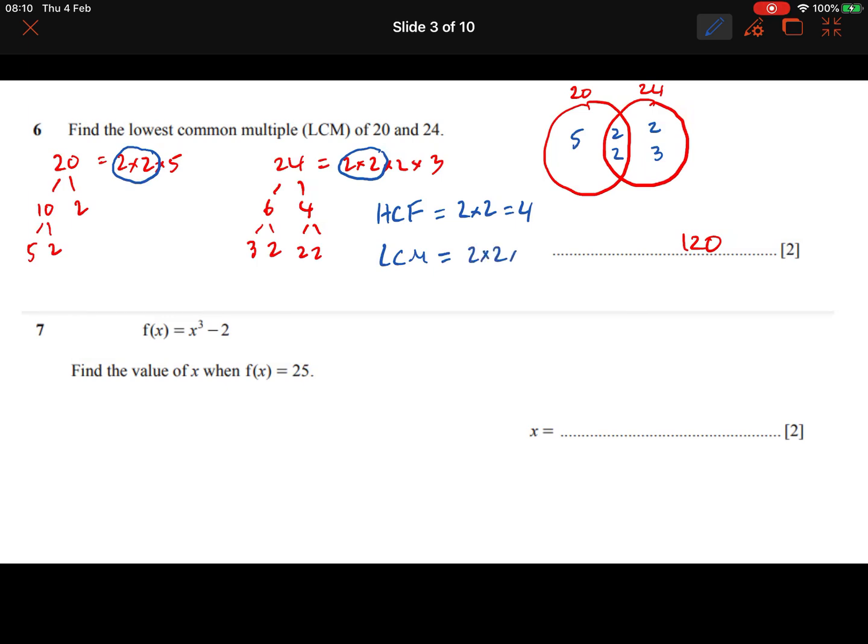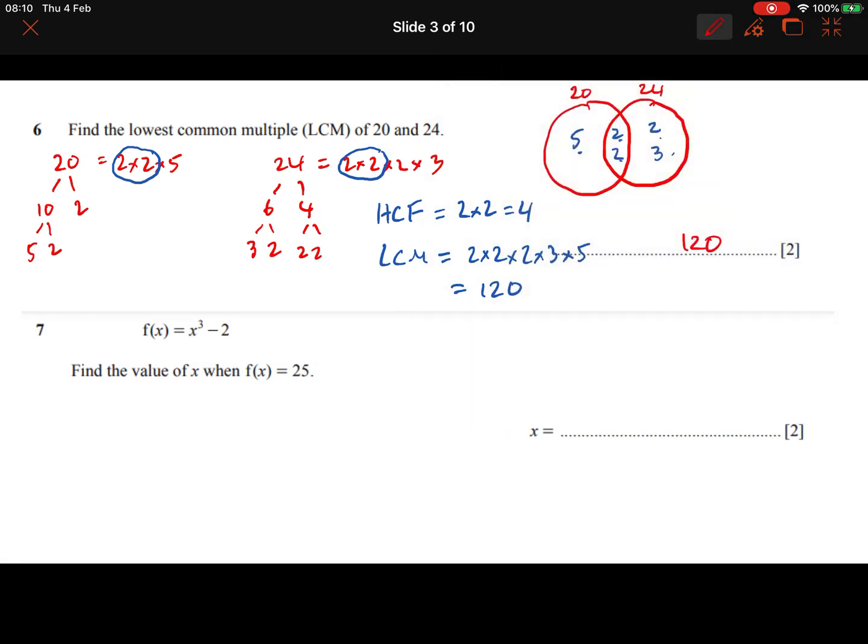So 2 times 2 times 2 times 3 times 5. That's just all of these numbers multiplied together. And you'll find that comes 8 times 3 is 24, times 5 is 120. So we get the same answer. Okay, so 2 ways of doing that question. Please try to remember the difference between a factor and a multiple.